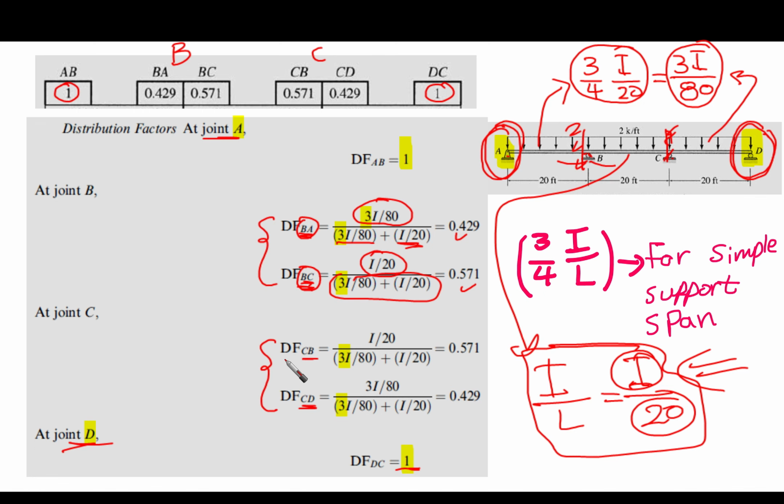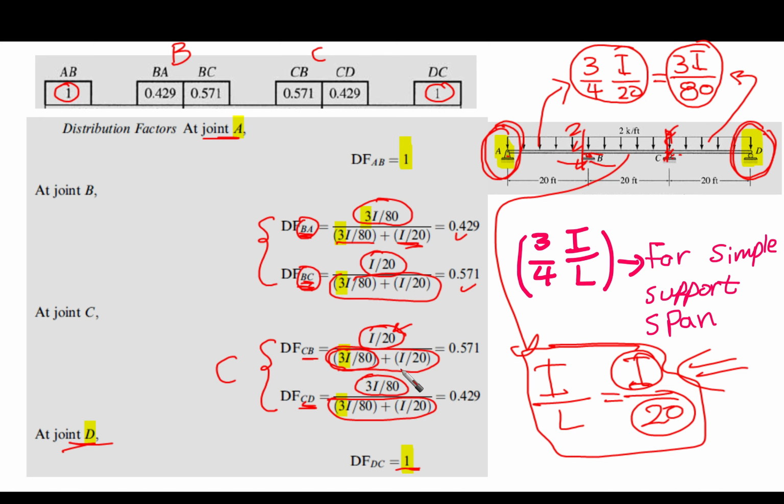Apply the same process at point C. We have CB and CD. In the numerator for CB, it is I over L, which is I over 20 as we said. And for CD, it is 3I over 80. The denominator is the same for both of them: at point C, it is the relative stiffness of CD, which is 3I over 80, plus the one for CB, which is I over 20.